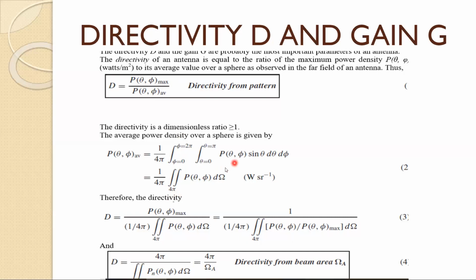Therefore P of theta comma phi, same P of theta comma phi, sin theta d theta d phi. This sin theta d theta d phi can be represented as d omega. So third equation in your notebooks, P of theta comma phi average value equal to 1 by 4 pi, double integral P of theta comma phi d omega.